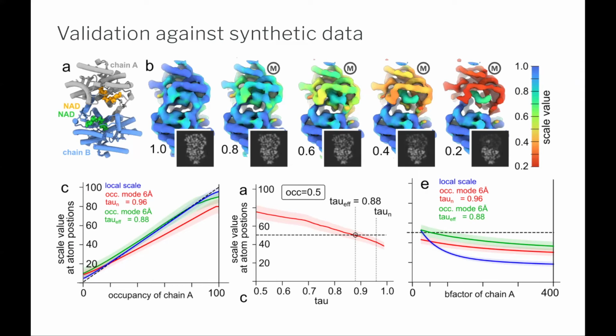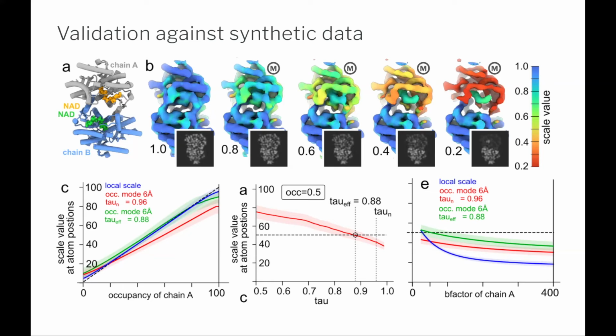What we found was a remarkably good agreement, fairly robust to input settings. What we do see is that this occupancy mode, which is basically affecting a low-pass filter, introduces correlation in the pixels such that this tau value is somewhat too high.